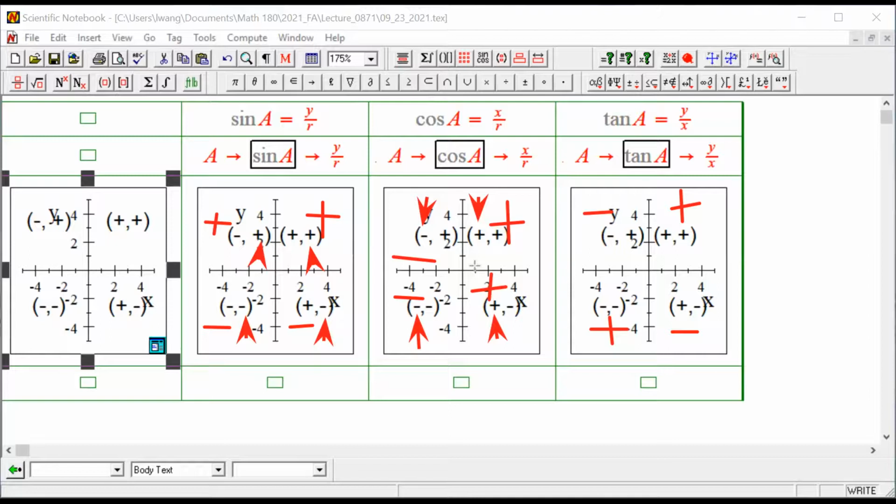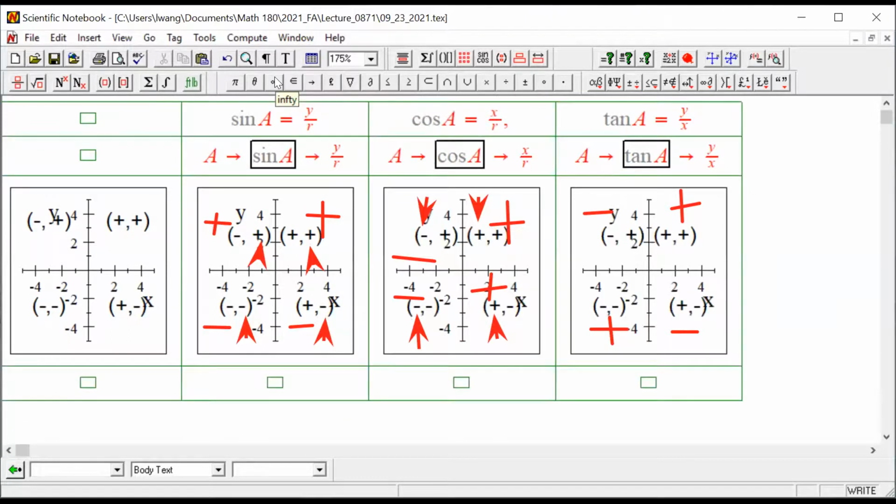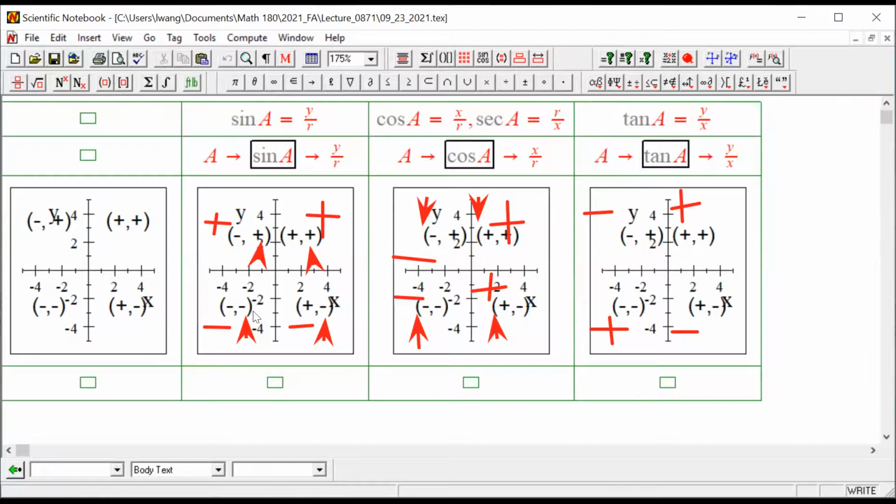Now, I asked you guys to do cosecant. I asked you to do secant. What did you discover? What's the definition of secant? R over X. R over X and X over R, they're just reciprocal to each other, right?